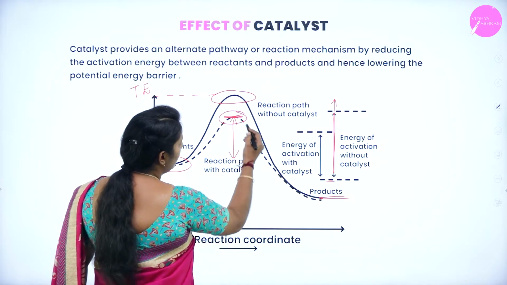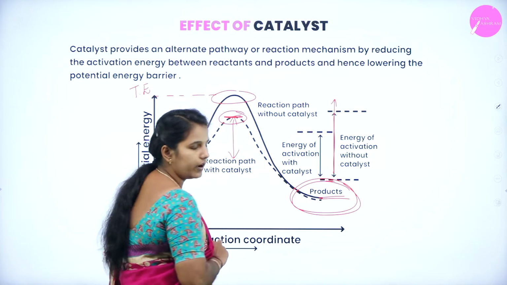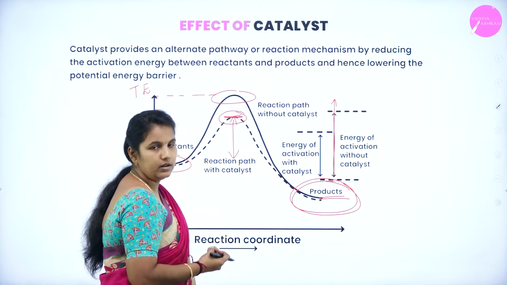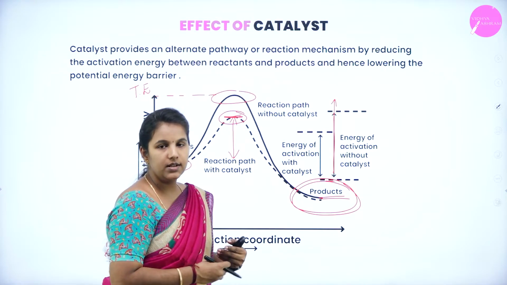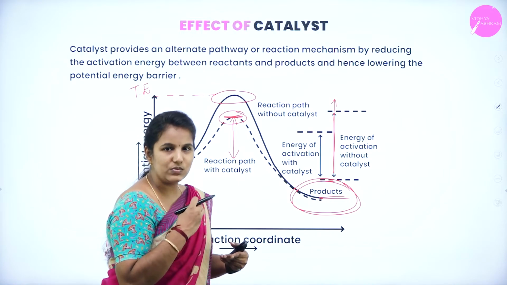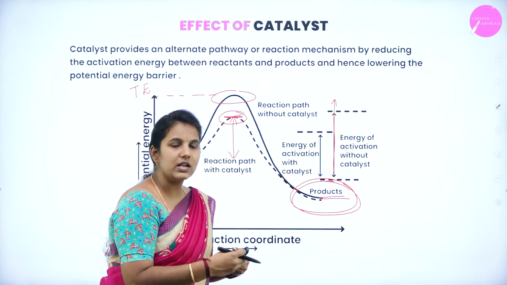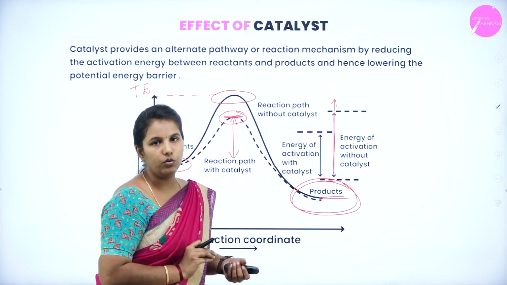Hence, during this decomposition, it finally gives rise to the product. This shows that when you add the reactant along with the catalyst, the energy of activation is greatly lowered and it can easily form a product as compared with the reactant alone.